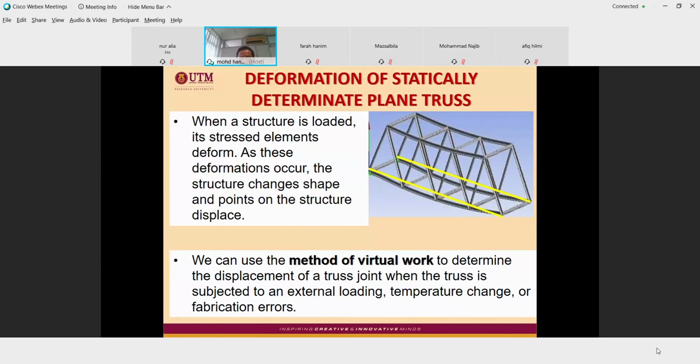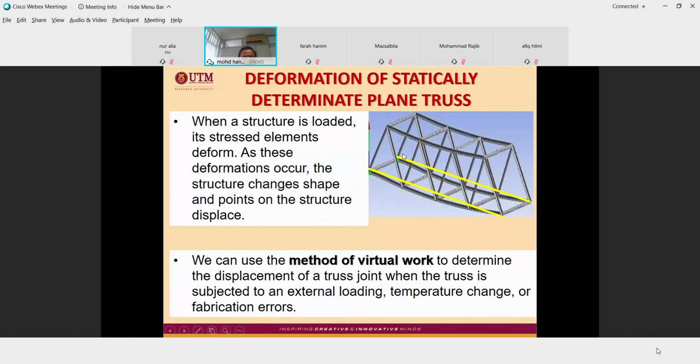In this case, we use virtual work method, but not virtual work to find the force in a member. For indeterminate truss, we can use virtual work method, but it is not covered in this topic.